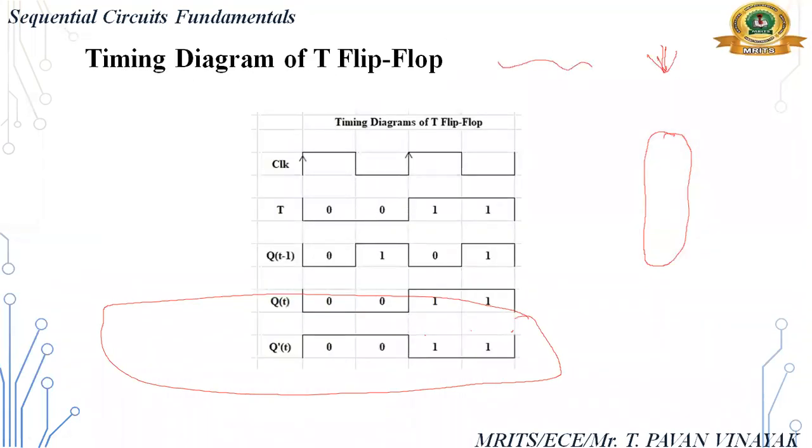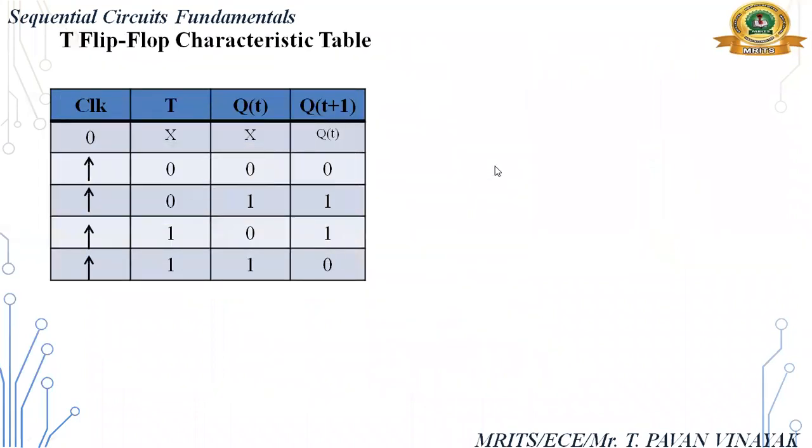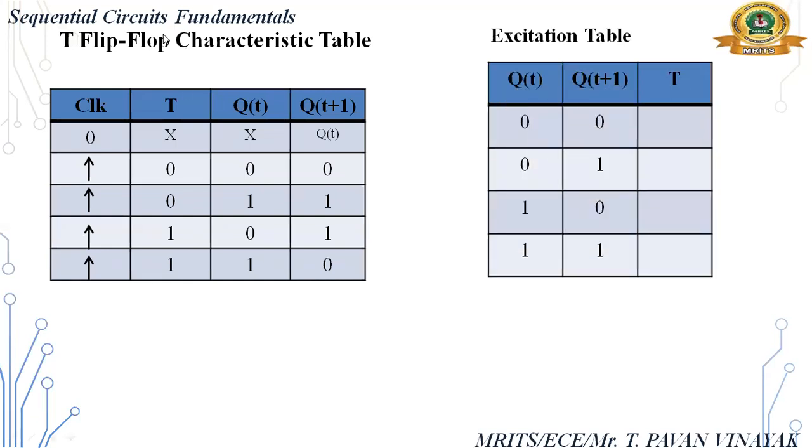Next, timing diagram. Next, excitation table. Observe 0, 0. Where 0, 0 occurs here, the output is 0, so T will be 0. Next 0, 1 appears here, so T is 1.